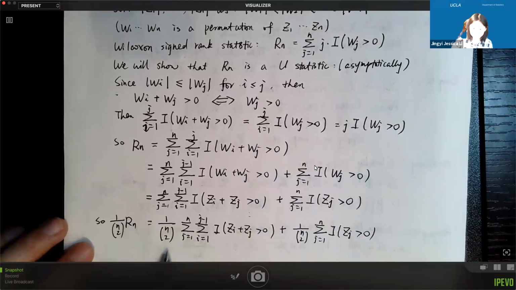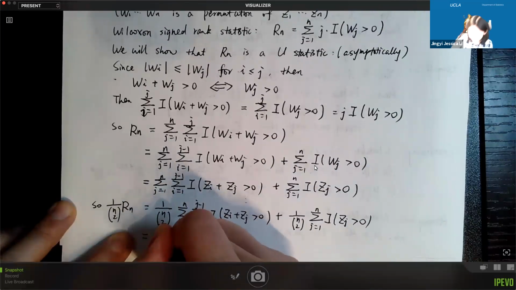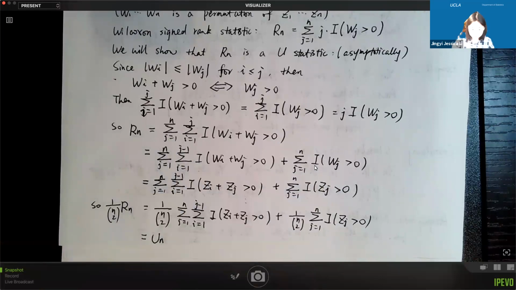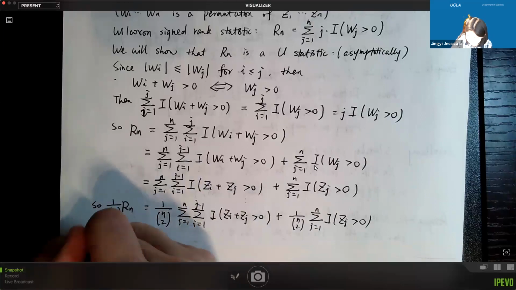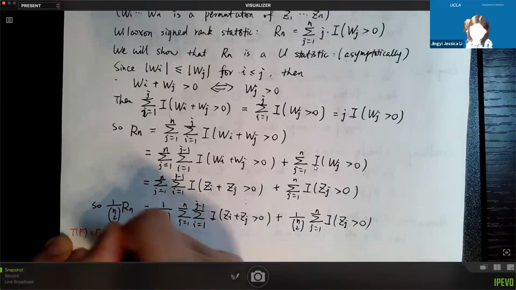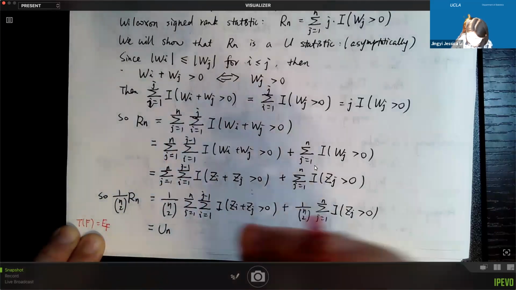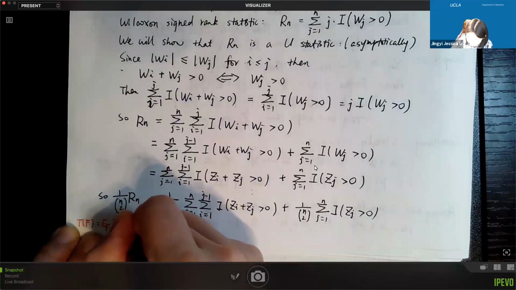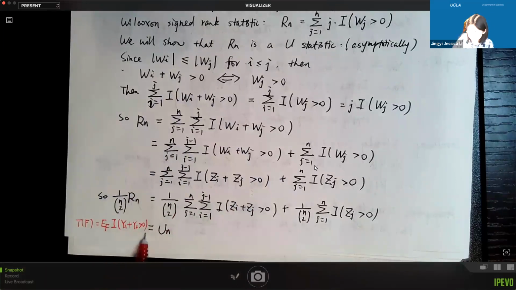The first term is just our definition of a U statistic. The expectation functional is the indicator of Y1 plus Y2 greater than 0, which is what this U statistic corresponds to by our definition.